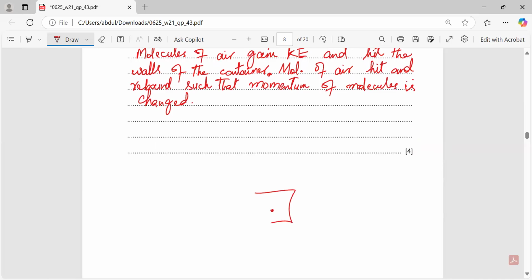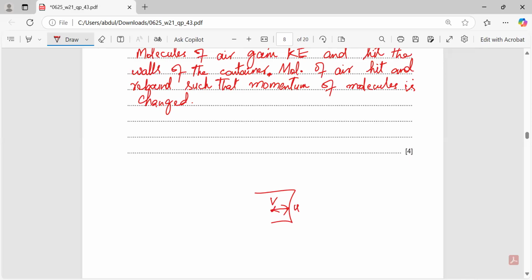Let's suppose a gas molecule hits the wall of the container with velocity u, then rebounds, so it goes back with velocity v. Momentum is the product of mass and velocity. So if the direction of the velocity is changed, it means the momentum is changed. This is 2 marks.